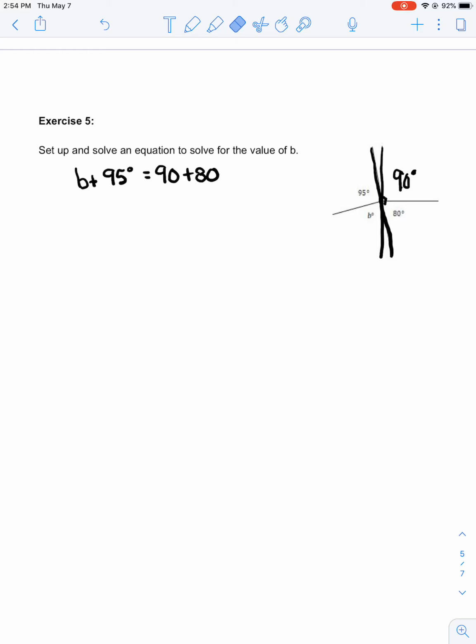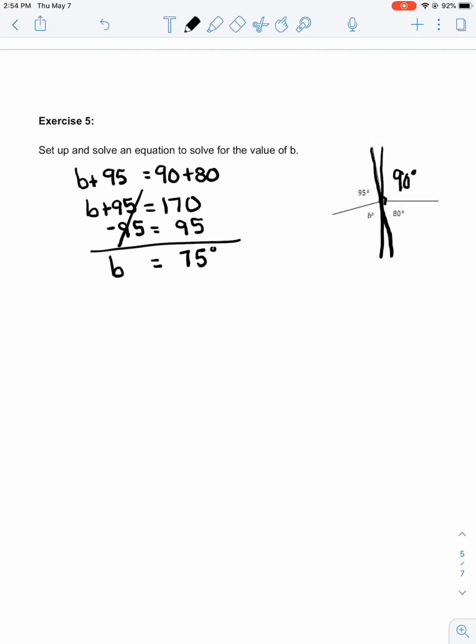Now, you don't really need the degrees in here, so I'm going to take that out of there because it really shouldn't be in your work. You're going to put it in at the end. So I have B plus 95 equals 170. And then I'm going to subtract 95 from both sides. So B is going to equal 75 degrees. And that is the end of the lesson.